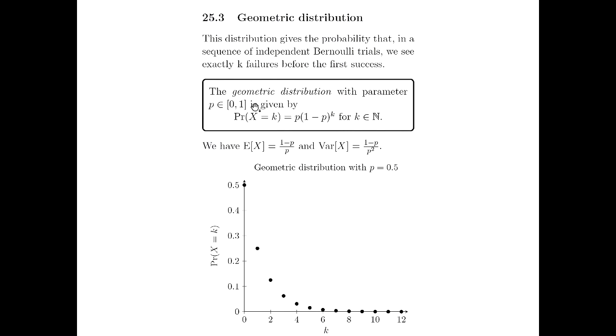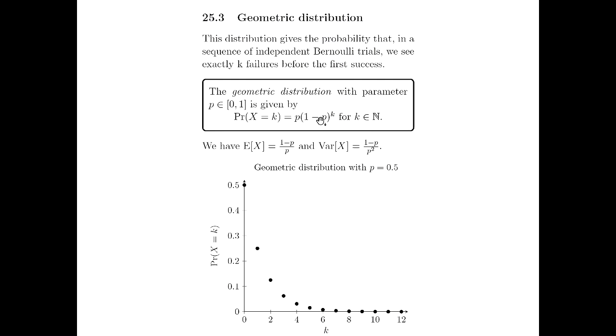What's the probability that we see k failures before the first success? Well, it's going to be 1 minus p times 1 minus p times 1 minus p, k times. That's the probability of getting k failures. And then a success, probability p, right? So hopefully this makes sense.